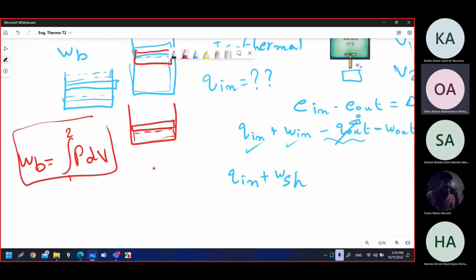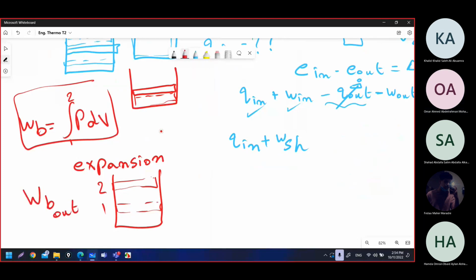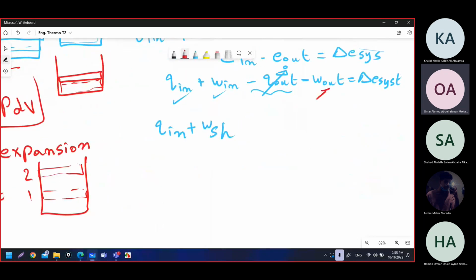So if you have an expansion process, it means that the piston moves up and the volume increased. The piston initially was here, then it was in the second state here. This one is 1, this one is 2. Then the boundary work, we call it boundary work out, and we will put it instead of the work out in the question.